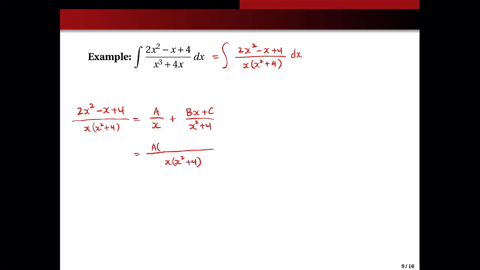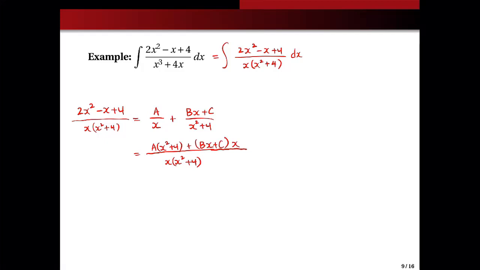And then you will have a times x squared plus 4, because the denominator of a is x, so I'm missing x squared plus 4. Then plus quantity bx plus c. The denominator of bx plus c is x squared plus 4, so I am missing the x, so this is multiplied by x.